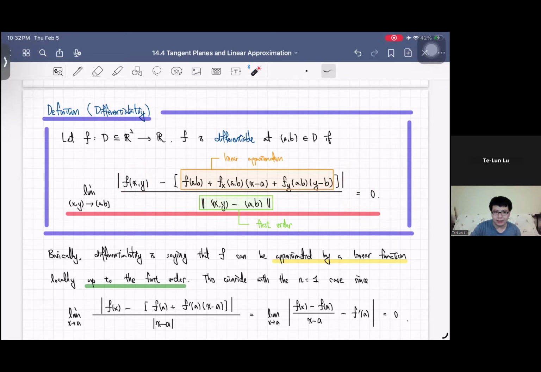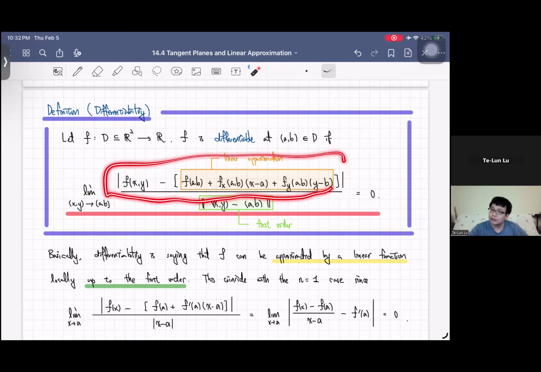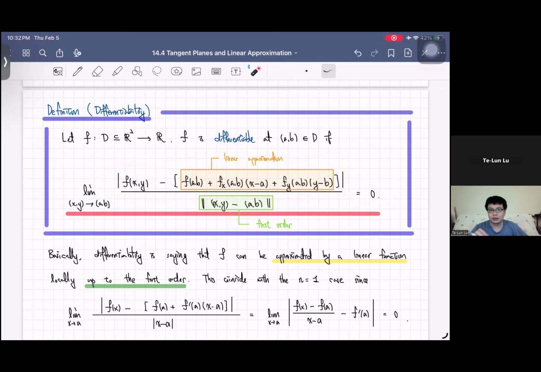It's a little bit tricky here. So we see first that this guy is very small, right? Because xy is close to AB. So we're saying that this guy is even smaller so that the quotient is 0. So this is a stronger condition than simply letting this guy be 0, okay? So not only the numerator goes to 0, it goes to 0 so fast that it dominates the decay of this distance between x, y, and AB.